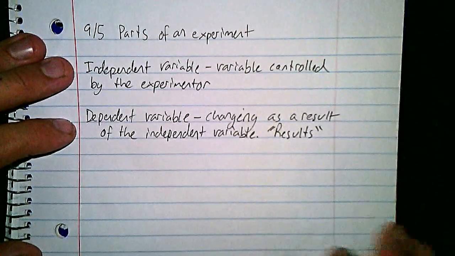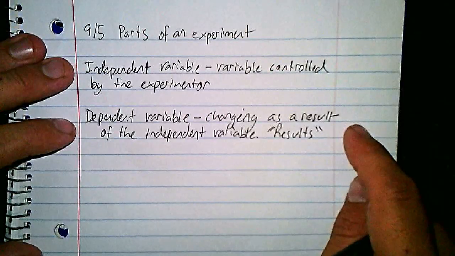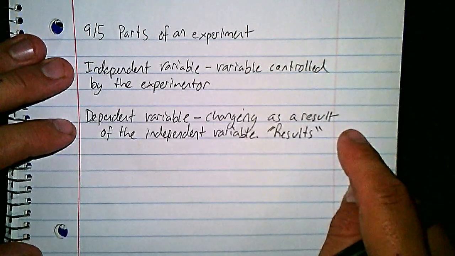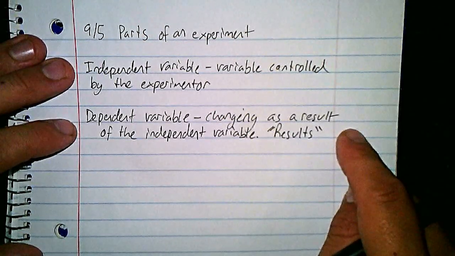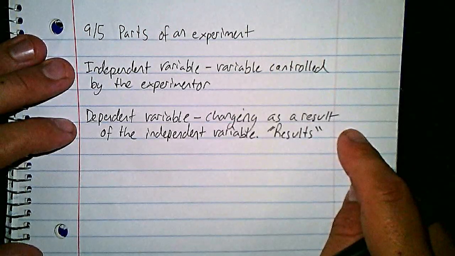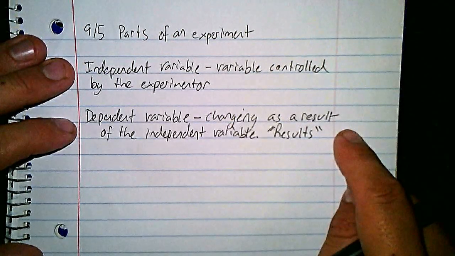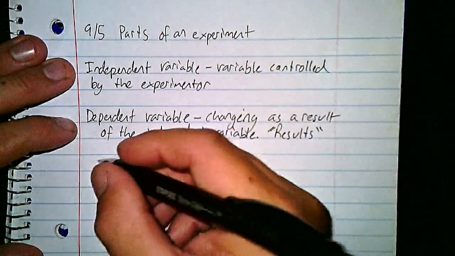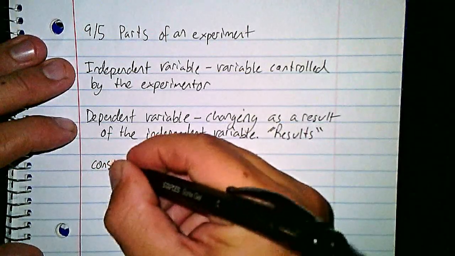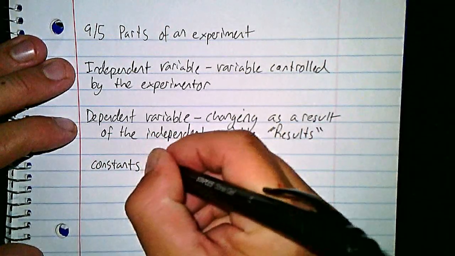Okay. Now, if I really want to know what is in charge of this dependent variable, I need to make sure that I'm being careful and only changing one thing at a time. If I change multiple things at a time, I wind up not actually knowing what is in charge. All those things that we want to have not changing are going to be called constants.